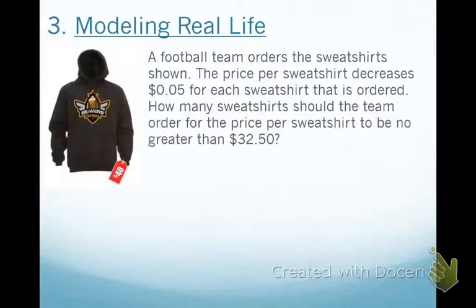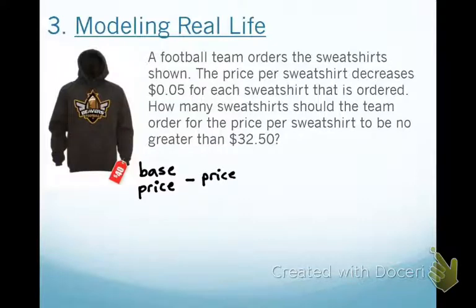We're going to start with the regular price. So let's do a verbal model real quick. We'll start with the base price. Then it tells us that the price can decrease. What sign means decrease? Minus. What was our price decrease? 5 cents.